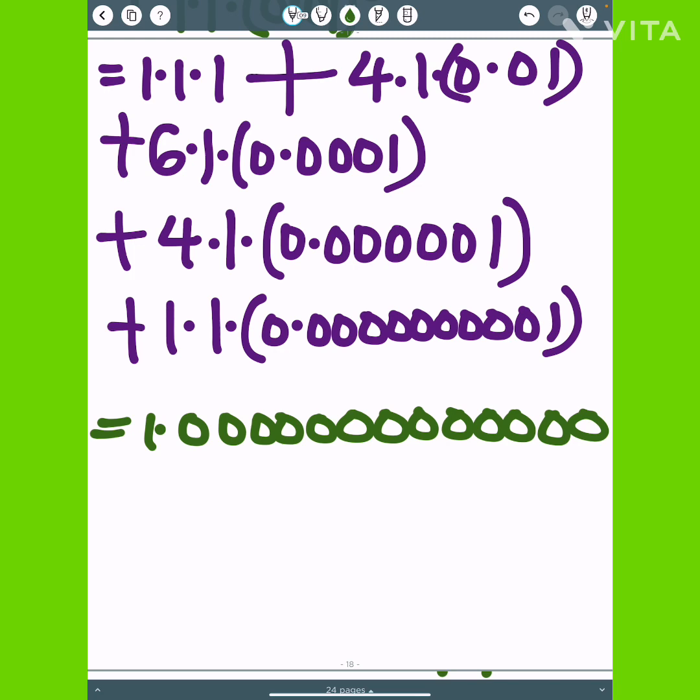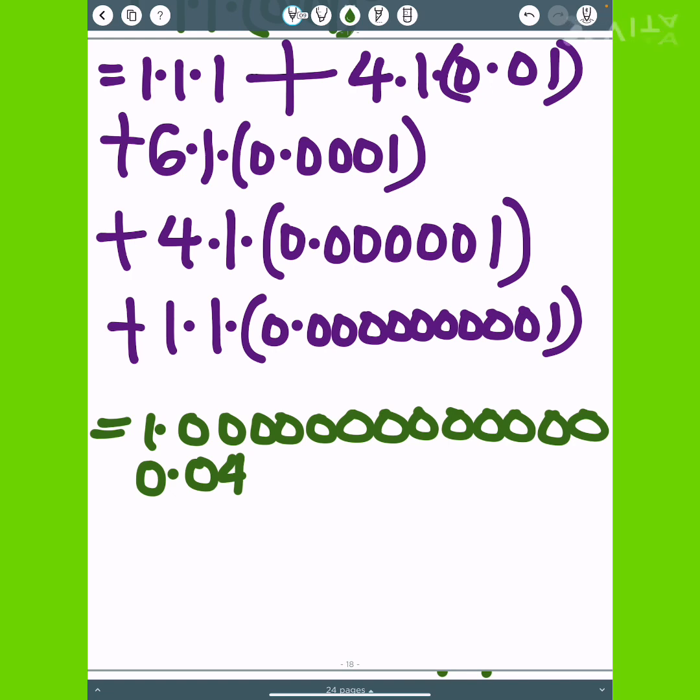The second term is 4 times 0.01. 4 times 1 here is 4. So 4 times 0.01 will give you 0.04. You can use your calculator to evaluate this. So I'll put that here, 0.04.